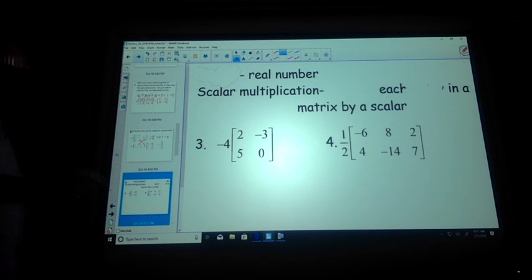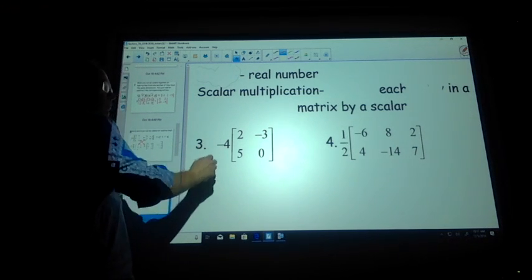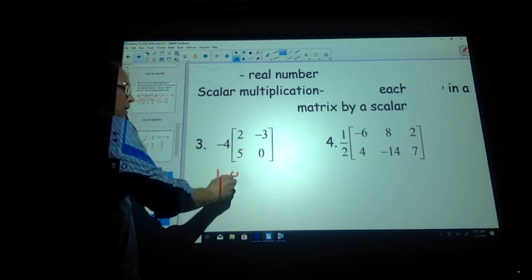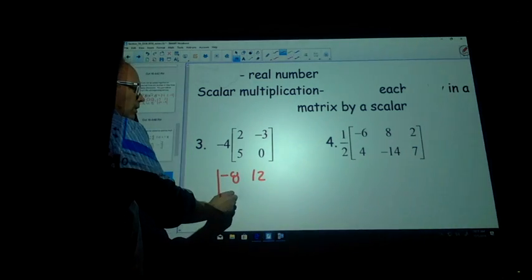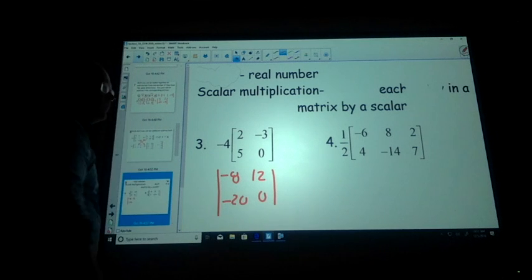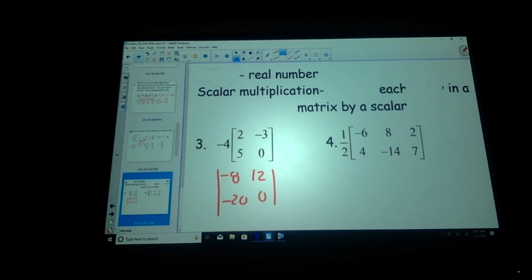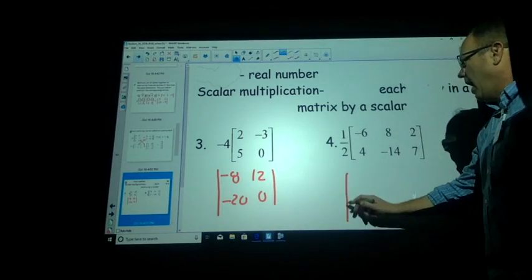All right, scalar multiplication, all you do is this. It's just distributive property on steroids. So I multiplied -4 times 2, -4 times -3, -4 times 5, and -4 times 0. And this one, same thing. Multiply everything by half.